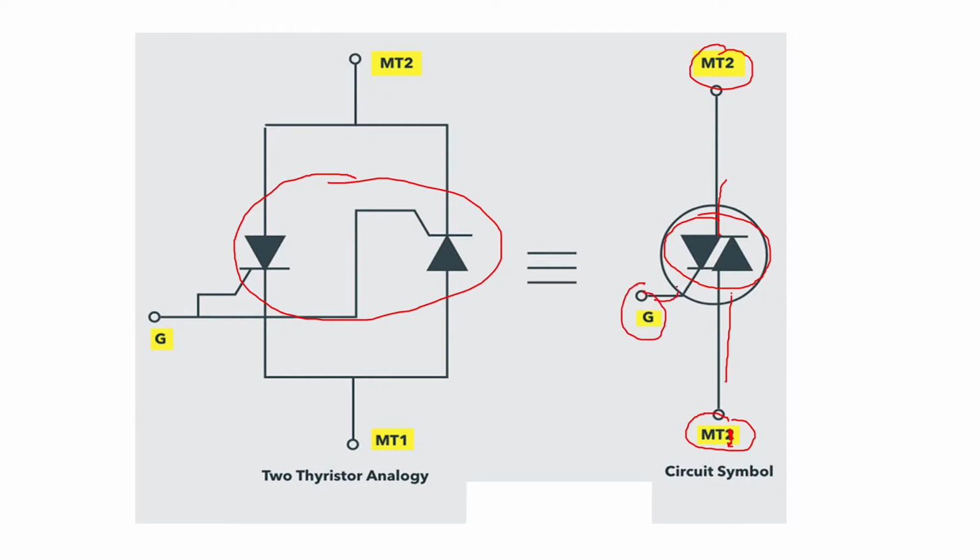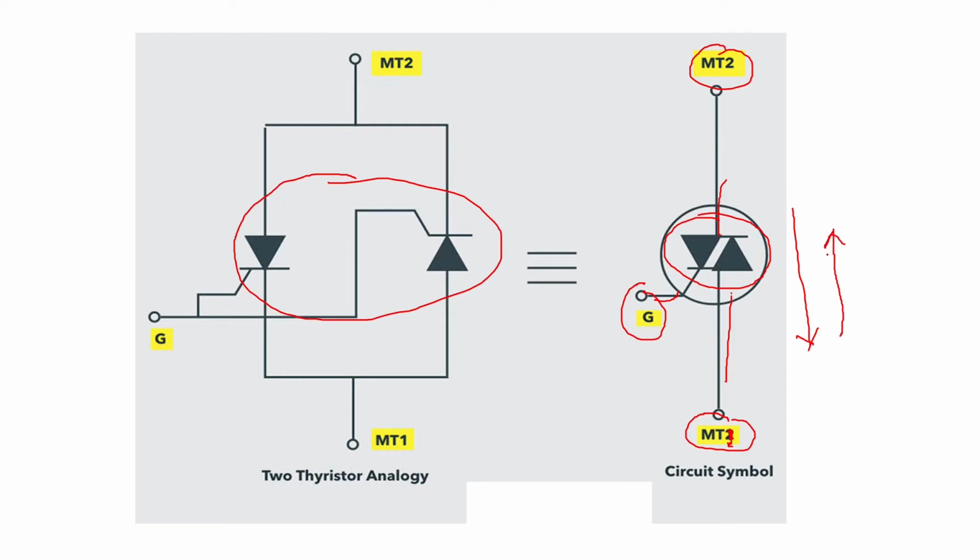These MT2 and MT1 terminals can act as anode or cathode depending upon the voltage applied. This device is a bidirectional device. That means current can flow in this direction if MT2 is positive with respect to MT1, and the current can flow in the other direction if MT1 is positive with respect to MT2.